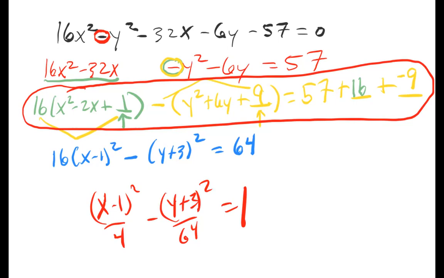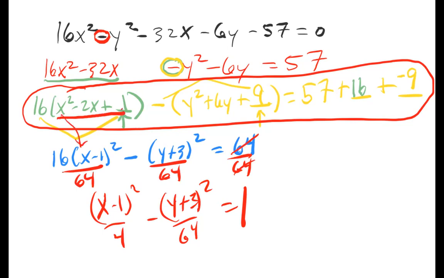Can you go over how you got to the last red equation? From here, how did I get to red? This is how I got from the blue to the red: divided everything by 64. And then that becomes 1, right? How did we get here? Well, this is going to be the perfect square of x minus 1.